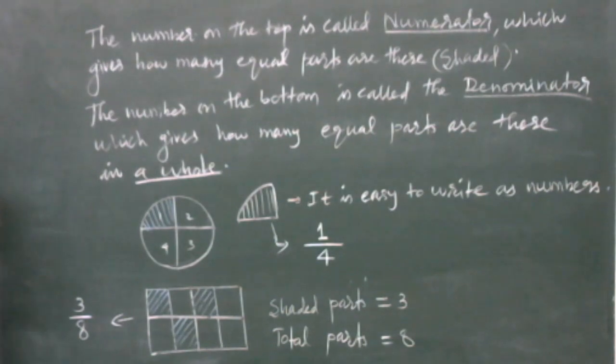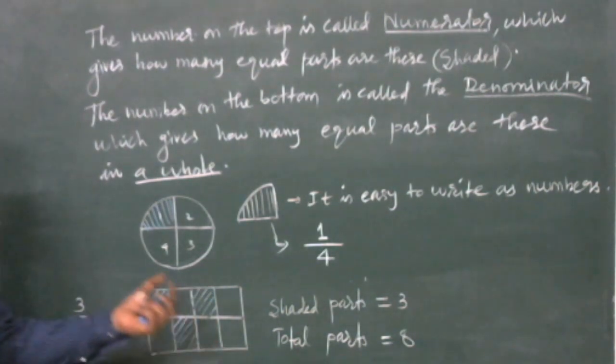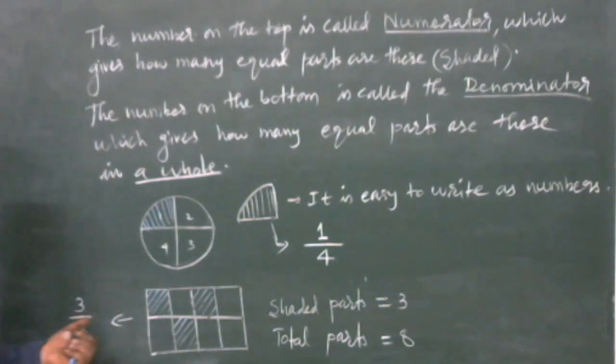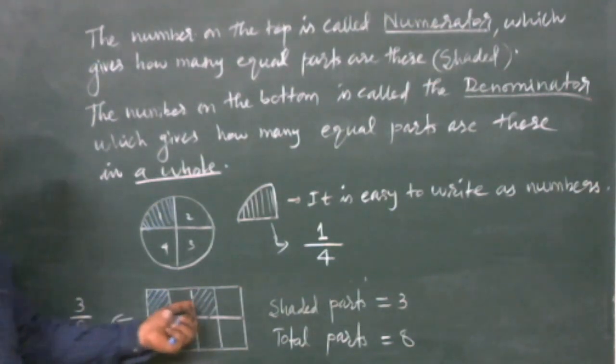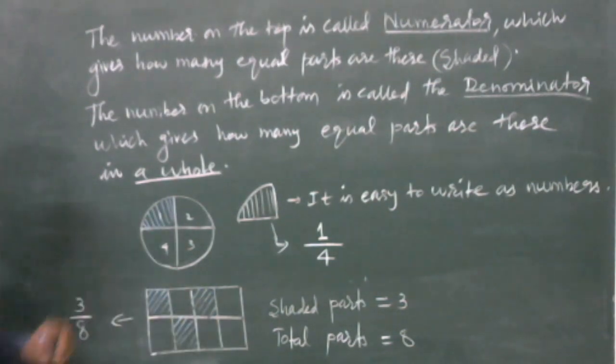So the fraction is 3 by 8. Out of 8 pieces, you have got 3 pieces. So we say 3 upon 8. Out of 8 parts, you have got 3 parts. Totally there are 8 parts.